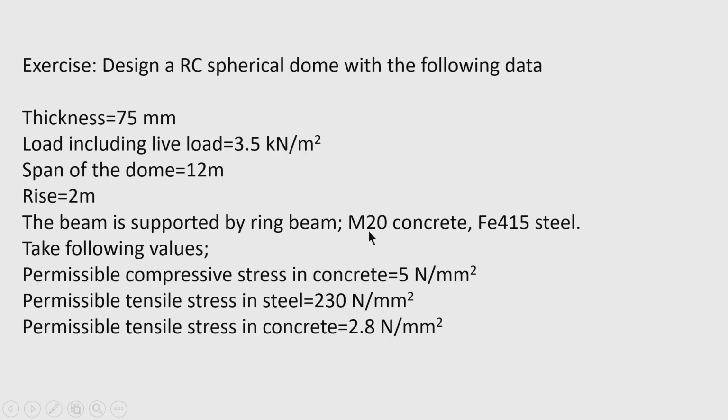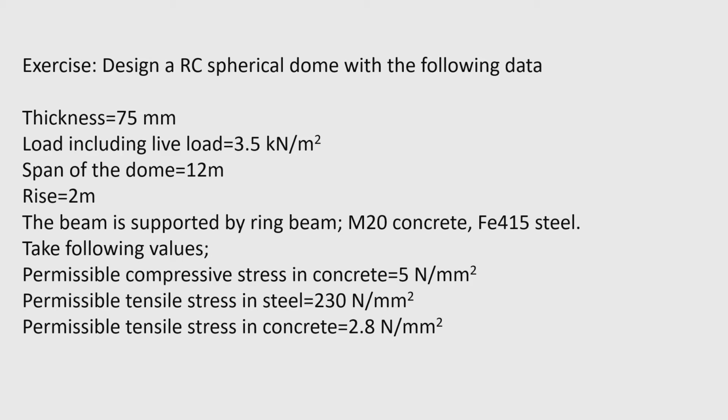Let us see one example which will clarify the theory that I have discussed. How this membrane theory of shell can be used to design a spherical dome will be illustrated with a numerical example.